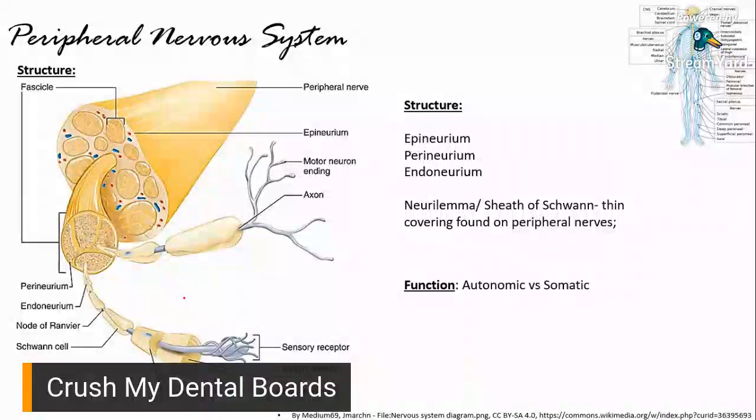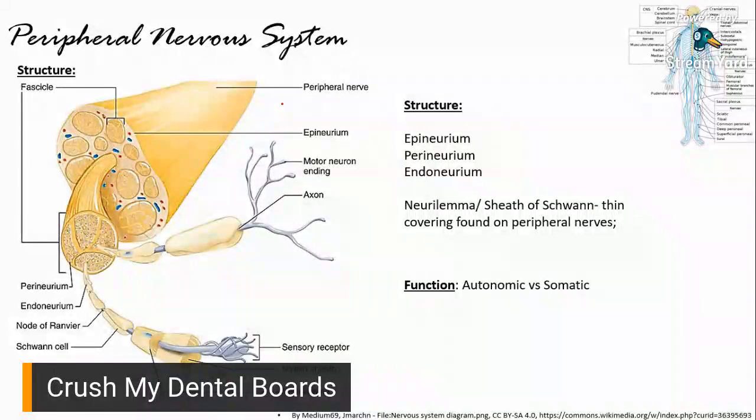And then let's talk about structures, okay, of a peripheral nerve. What makes up a peripheral nerve? Okay. So we have different layers. We have your epineurium, your perineurium, and your endoneurium. Okay. Now, how do they differ one from the other?